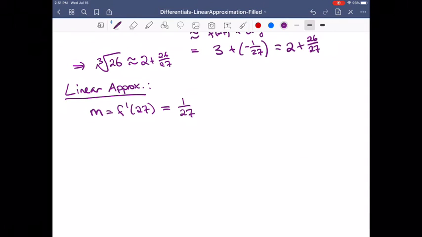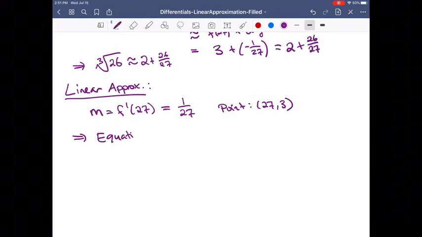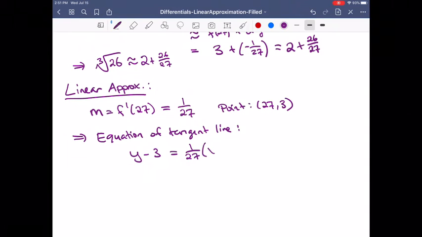And we know that our nice point is 27 and 3. So the equation of the tangent line is y minus 3 equals 1 over 27 times x minus 27.